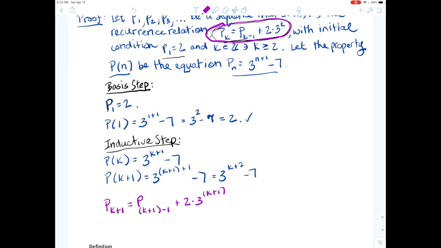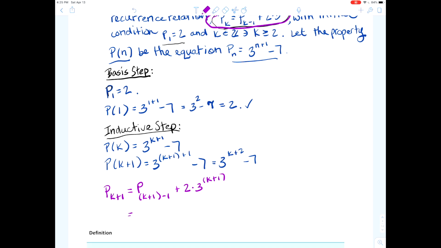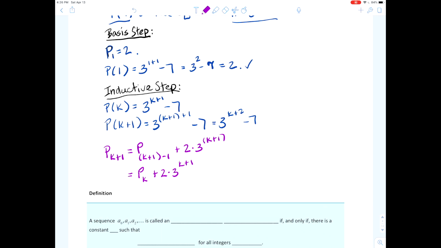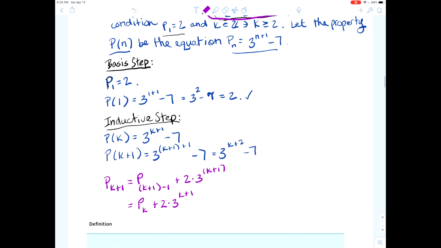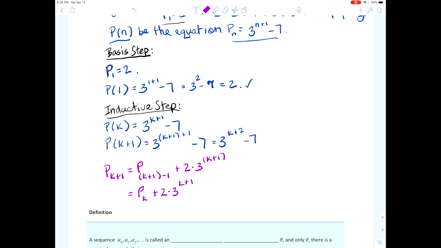Good so far? Okay, well, this is equal to P sub k plus 2 times 3 to the k plus 1. But what was P sub k? P sub k was, beautiful, 3 to the k plus 1 minus 7. And then we'll have plus 2 times 3 to the k plus 1.